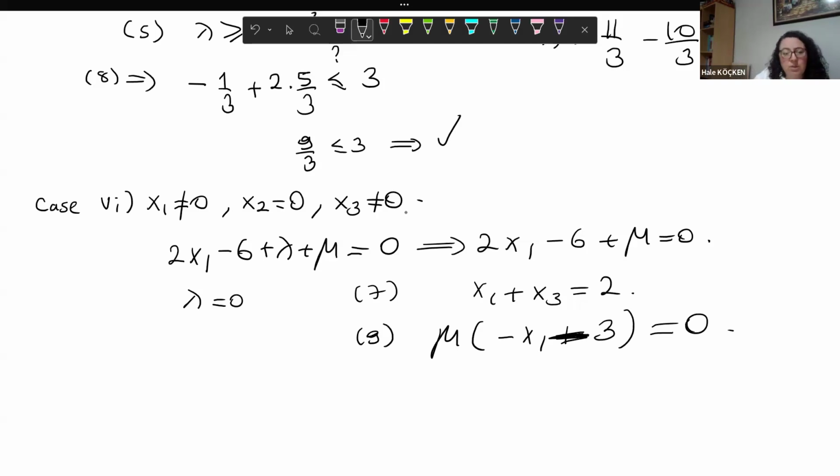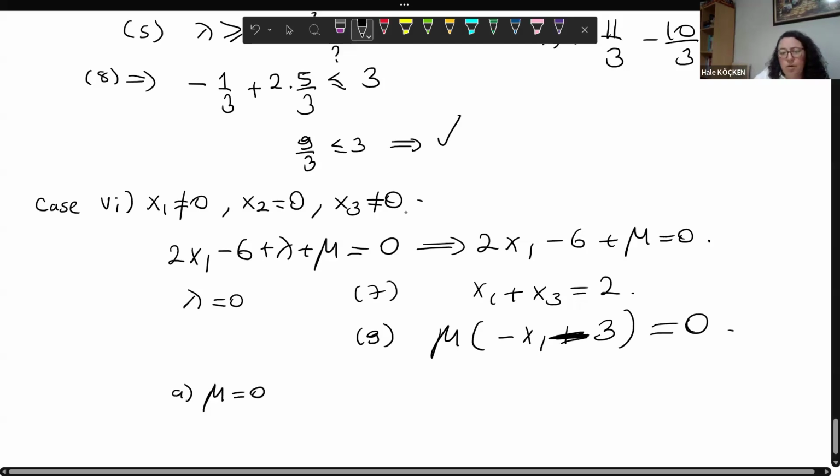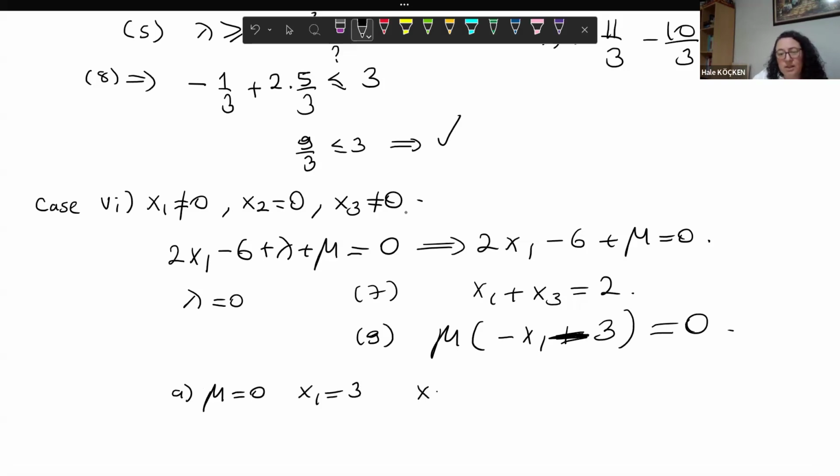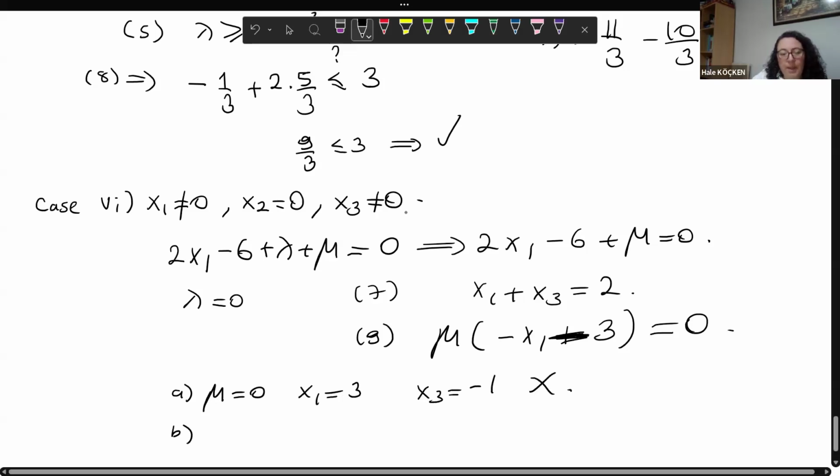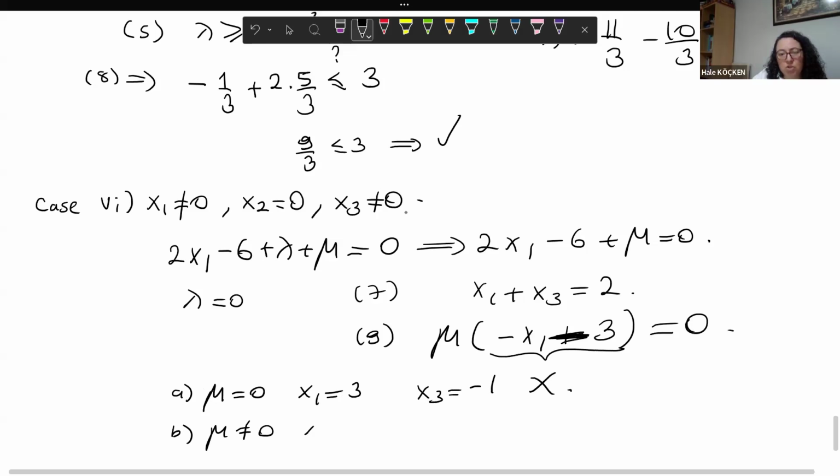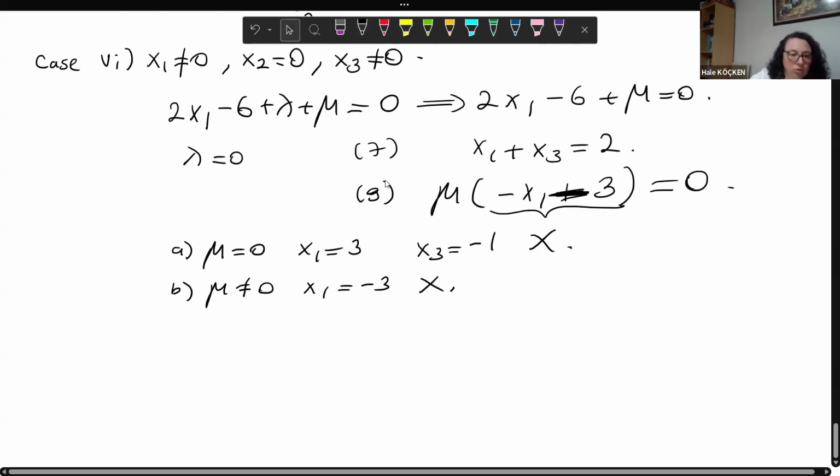So again, I will do sub-analysis. If mu is 0, then x1 is 3. If x1 is 3, then x3 is minus 1, so no point. B, if mu is different from 0, then this part must be 0, which shows me that x1 is minus 3, no point. So go to the next case.